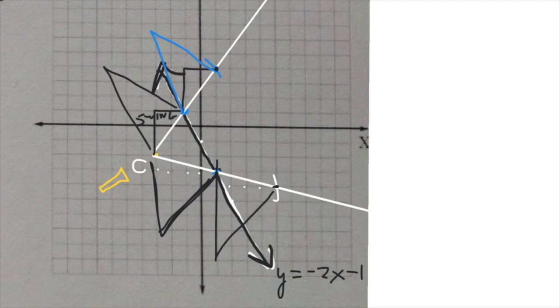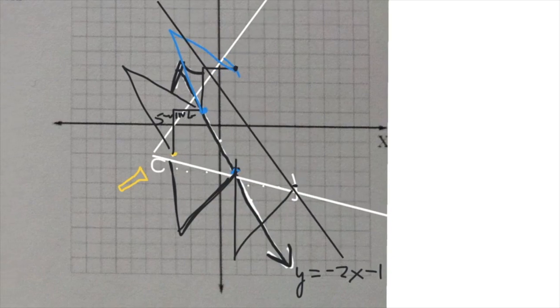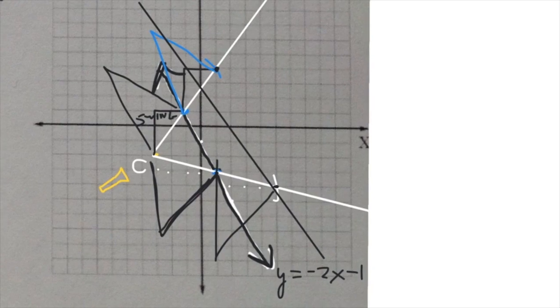So these 2 points right here will be the images of the original 2 points, and if we connect them with a straight line, we'll get the shadow, which will be our answer.